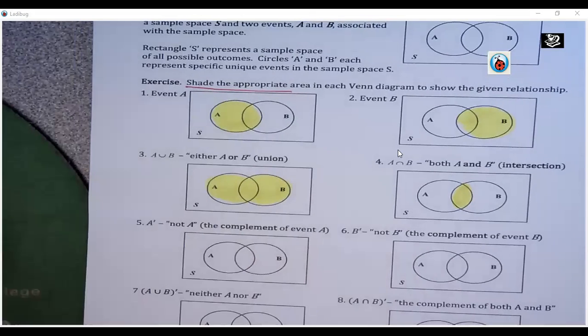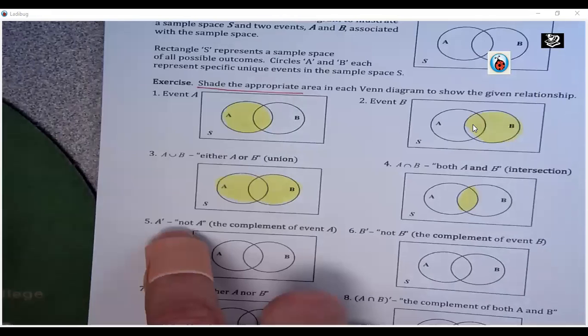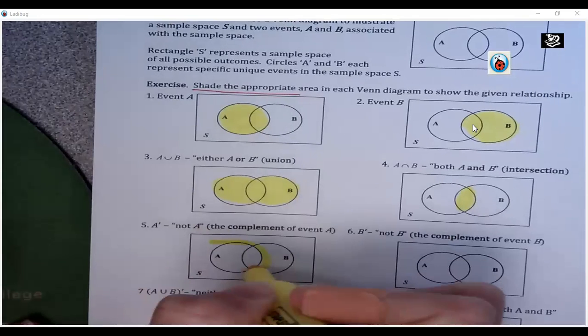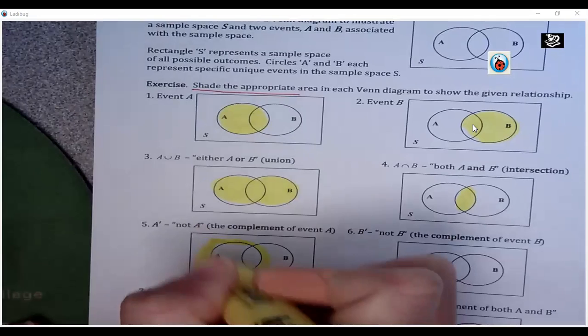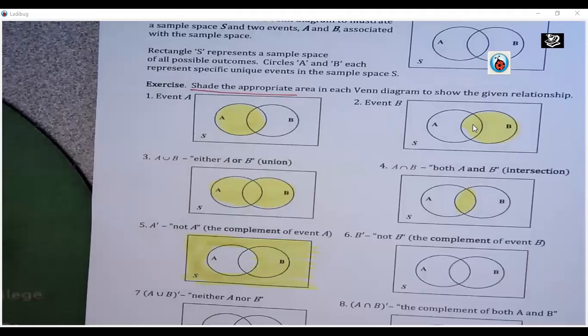A prime means not A. Okay, not A. That is everything that is not in A. So everything that's not in A gets highlighted, okay?